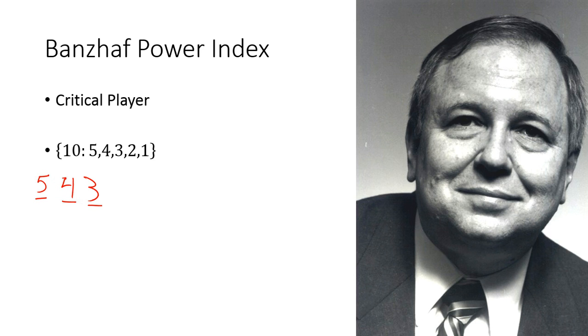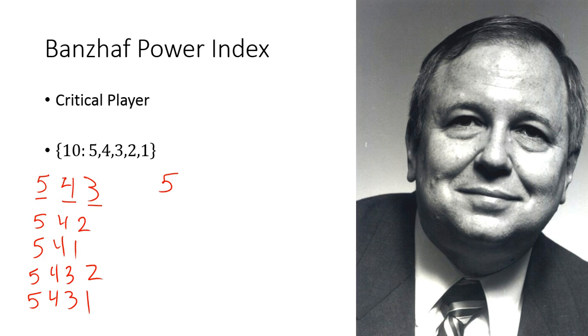Okay. Now in the Banzhaf Power Index, what you're going to do is list off every single winning coalition that can be found. Okay. So listing off all these, we've also got 5, 4, 2, we've got 5, 4, 1, we've got 5, 4, 3, 2, we've got 5, 4, 3, 1.